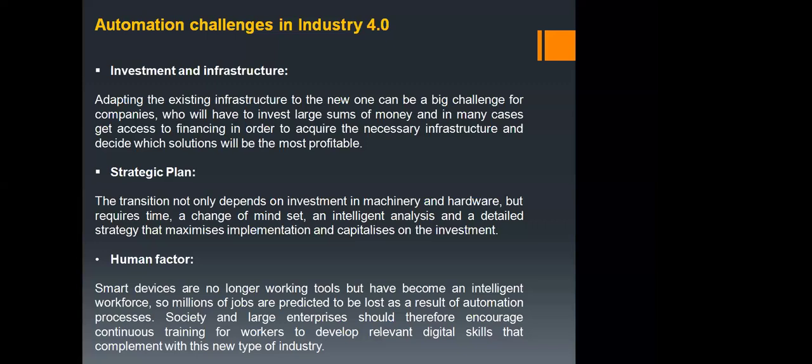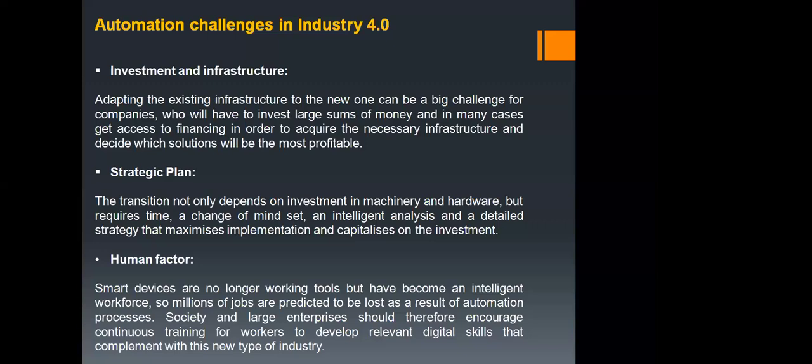So millions of jobs are predicted to be lost as a result of the automation process. So this is a social concern: when we are talking about advancement or technological development, on the other hand, there is a chance of cost cutting by removing the human forces.